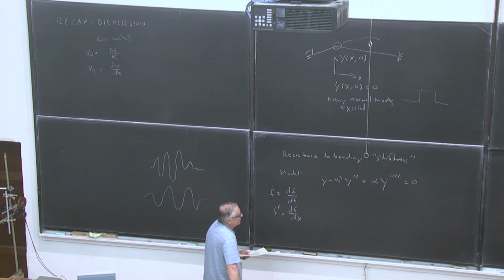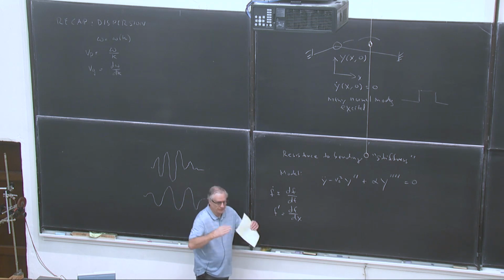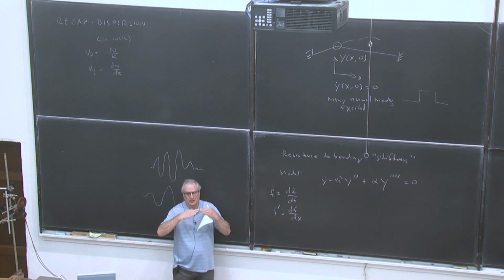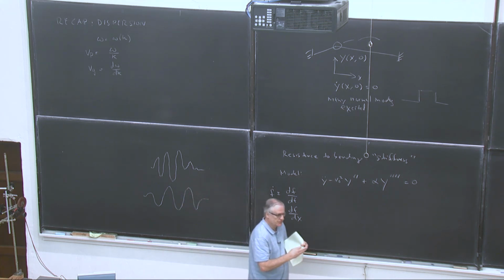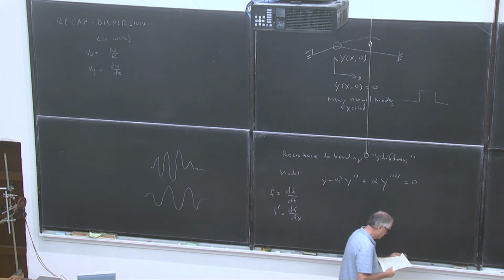And so the high derivative means that I'm going to get a very strong force that's resisting a real sharp bend, because the fourth derivative is going to be very big in that case.